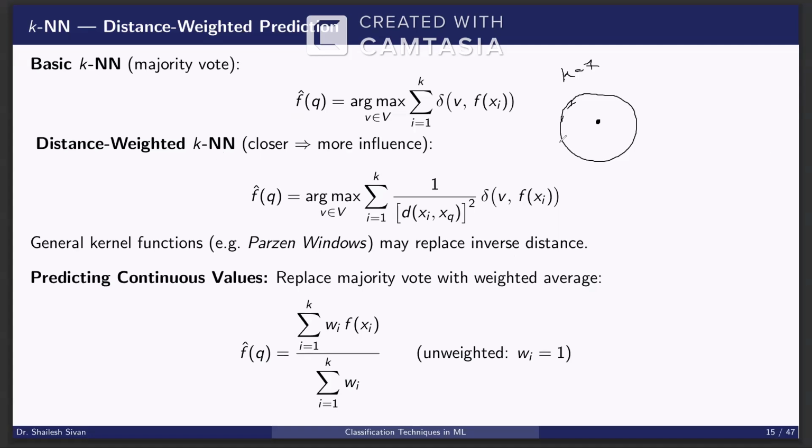Okay, like suppose we have k equal to 3. So I have 2 observations here and 1 observation blue.